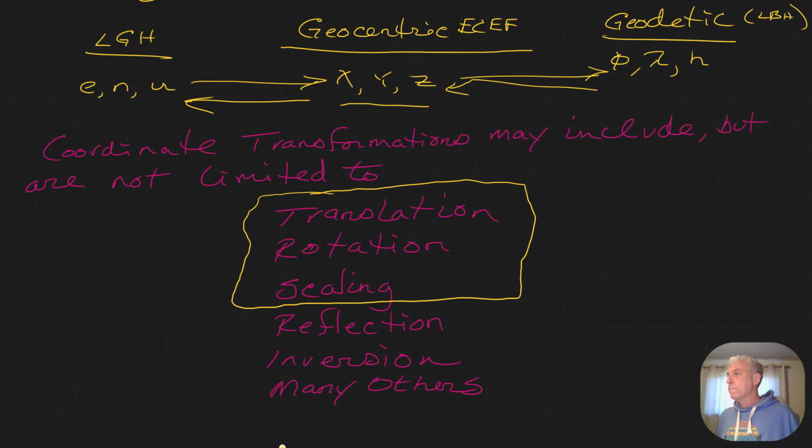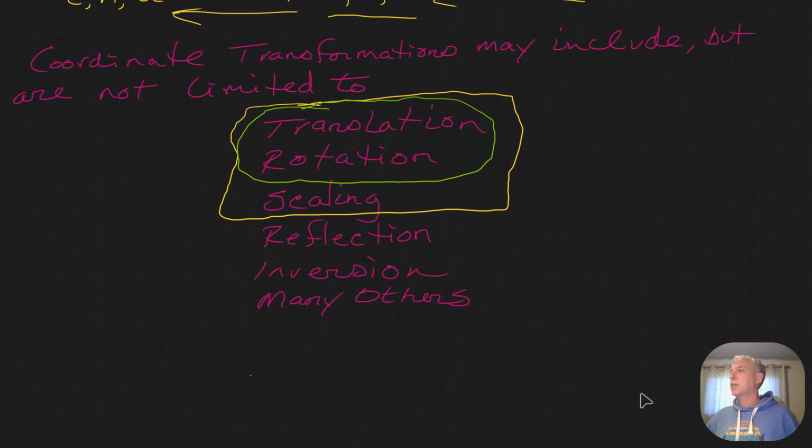And within that, we are almost primarily concerned with translation and rotation. Except in the case of converting from one unit to another, which we'll look at when we get to 3D transformations, scaling is something we don't do very often. So translation, rotation, and sometimes scaling.